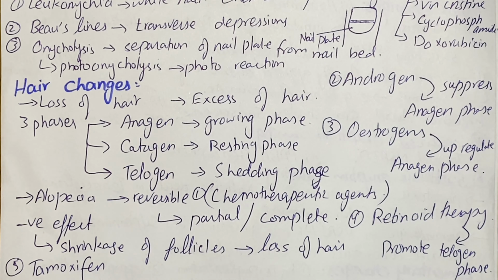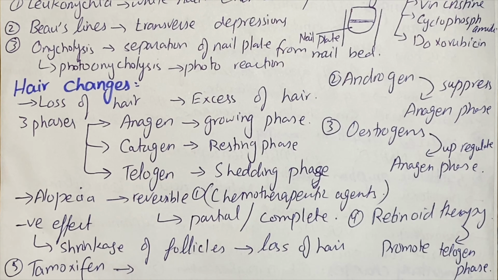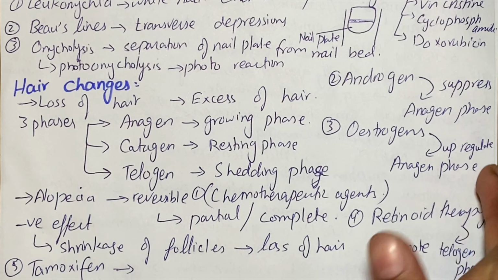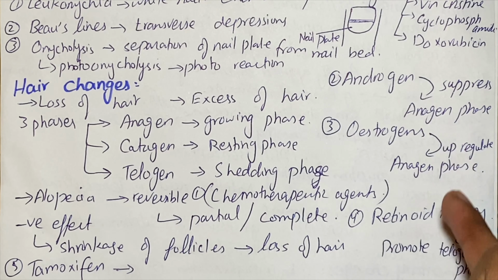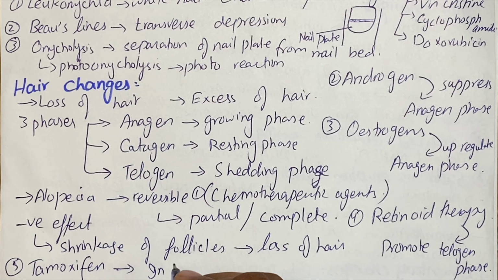It is used for breast cancer treatment, and it is an antagonist of estrogen receptor and causes baldness, because as we know, estrogen is actually upregulating, but when we are giving an antagonist of this estrogen, what will happen? Ultimately there will be no upregulation, which means there will be downregulation and there will be inhibition of anagen phase.